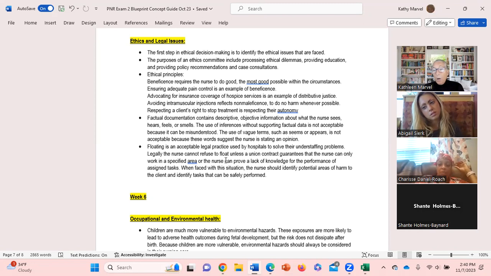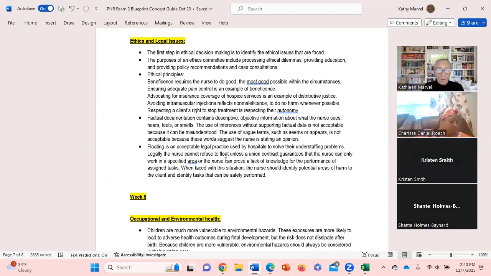But you are legally obligated to make sure that whoever you're reporting to knows what you can and cannot do. So sure, you can float, but here's what I can do, and here's what is not within my scope of practice. I don't have any knowledge or experience in this. Does that make sense? We're obligated to give them that information.